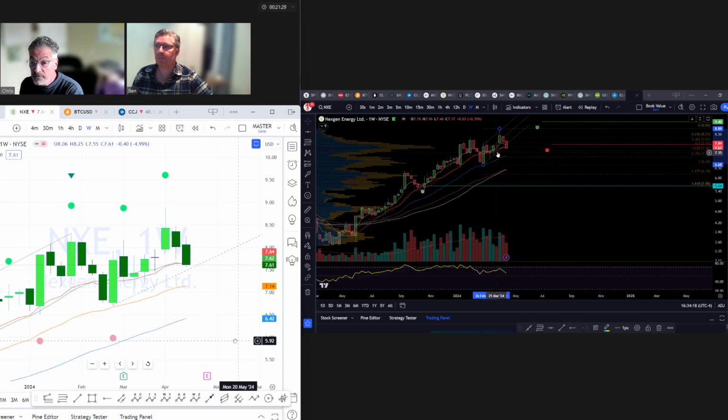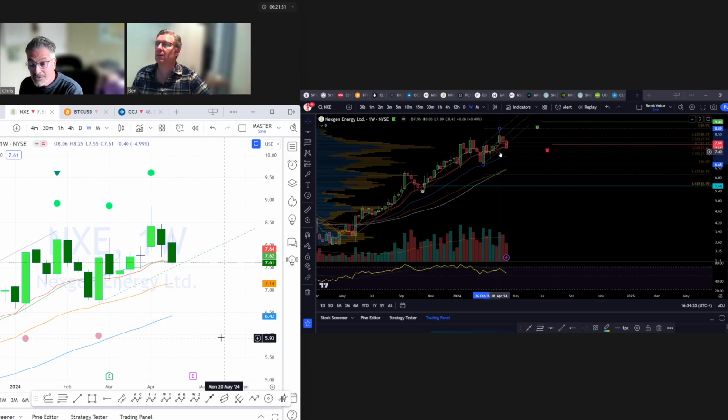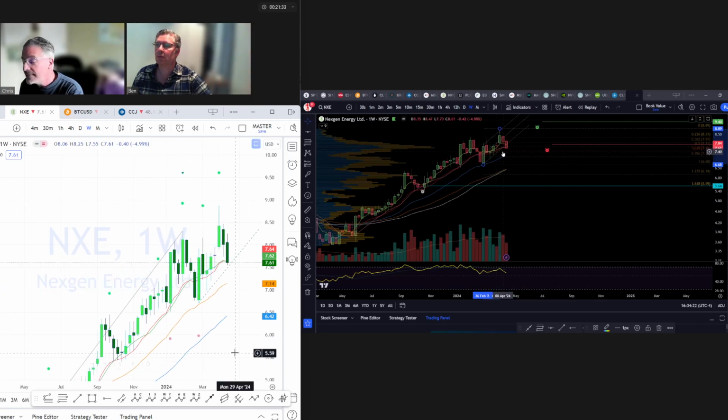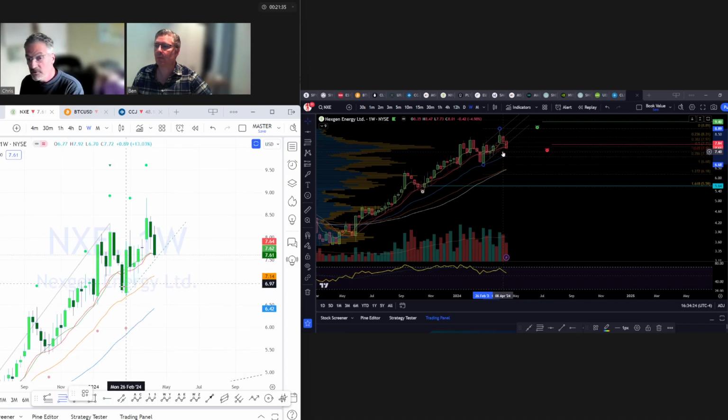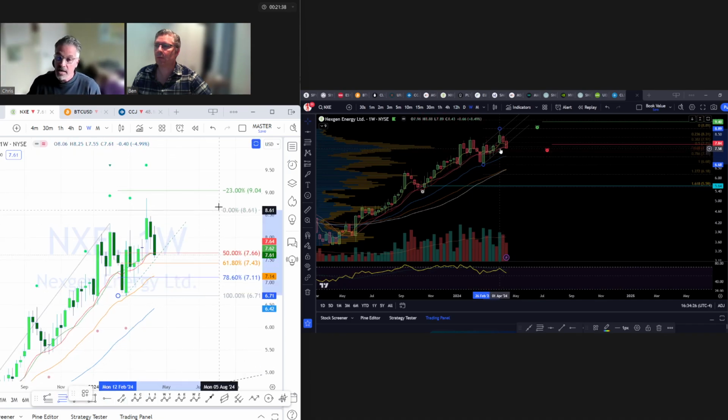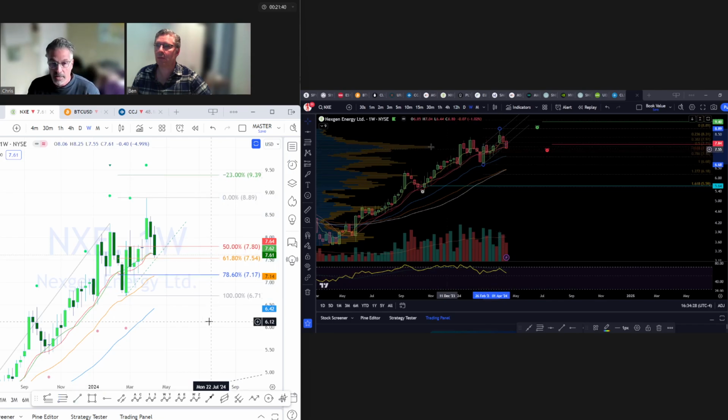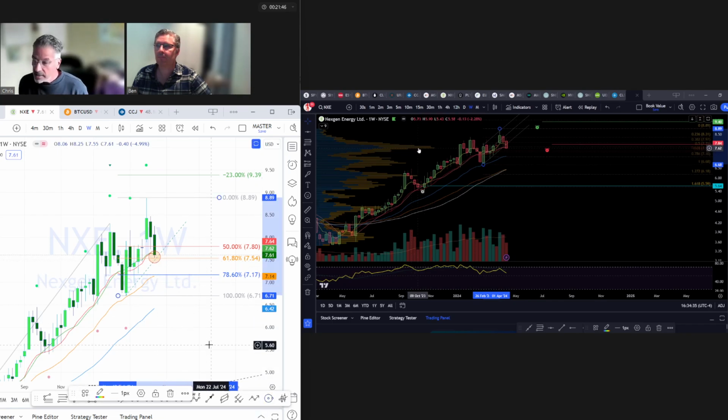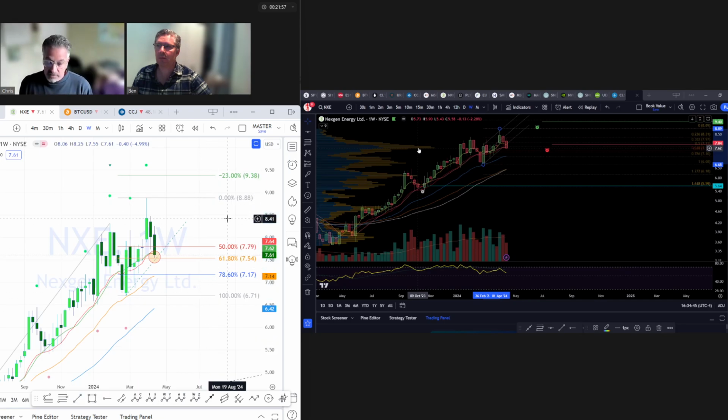So if NexGen starts to jump off of this golden pocket, maybe I'm looking at CCJ after that, right? So it's got this weekly rider, but here's your volume profile holding it as support. So keep an eye on NexGen and keep an eye on UEC because they have the liquidity. They have the option chains. They're on the big board. Those three names, hand in hand, are going to move relatively together.